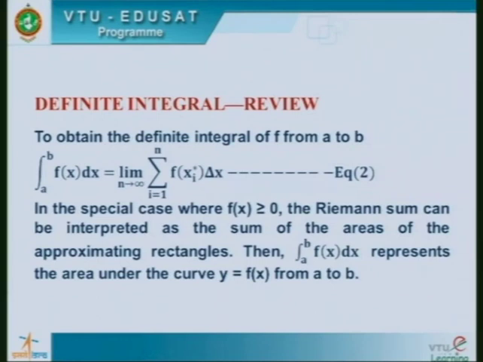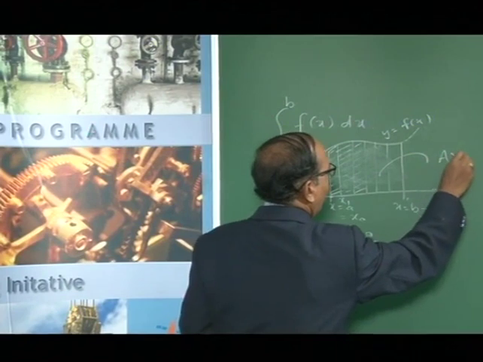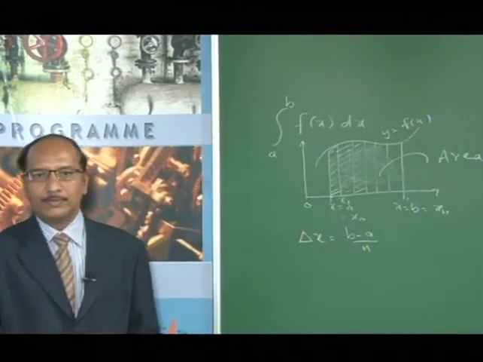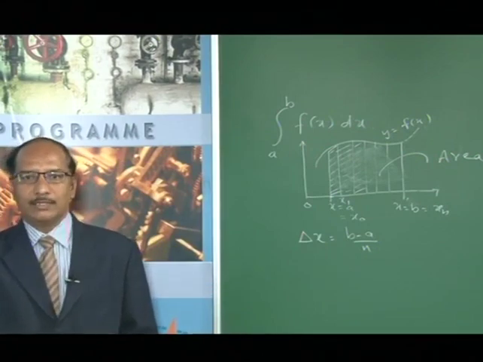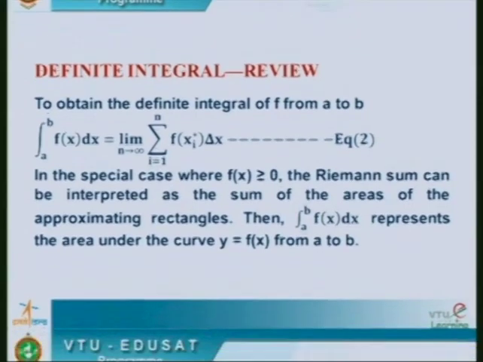Then this represents geometrically the area under the curve y equal to f(x) from a to b. This you learned earlier. That is the geometrical meaning of the definite integral from x equal to a to b of f(x) dx.